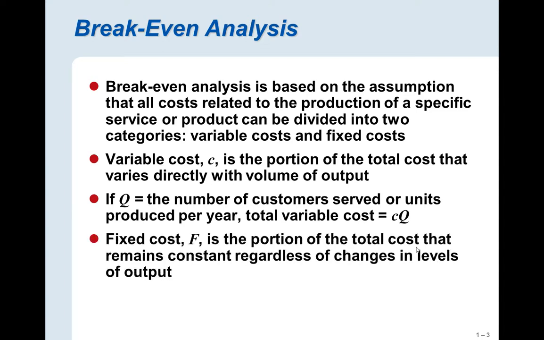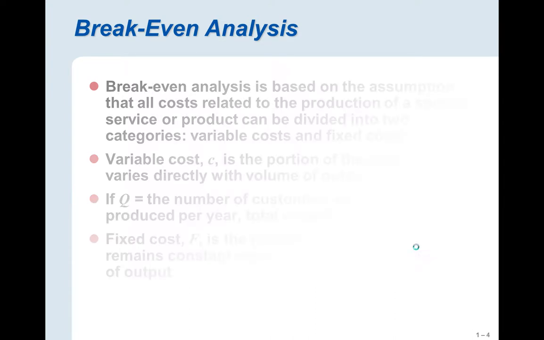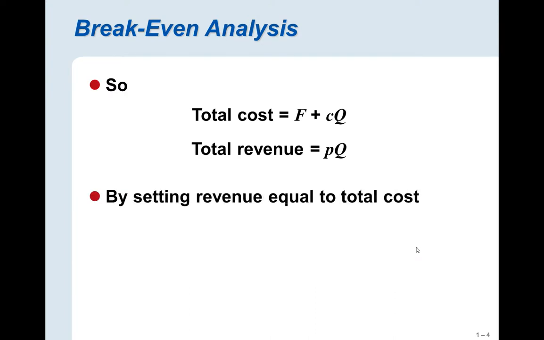Fixed cost is the cost that's not related to the volume. It is the cost that stays put. Sometimes we call it administrative cost, or setup cost. The break-even point is the point where total revenue equals total cost.